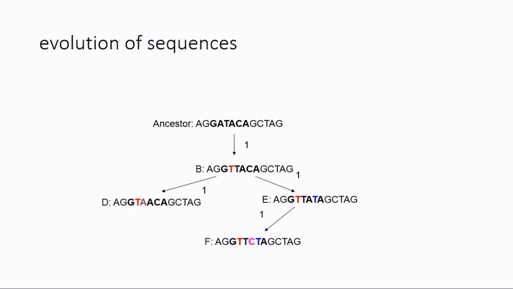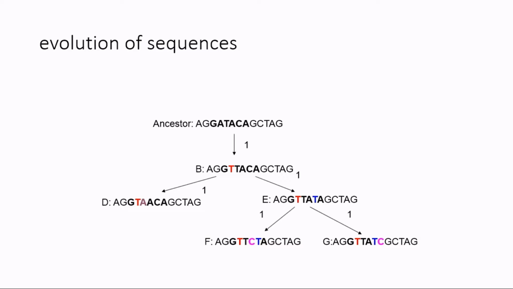And then finally sequence E gives rise to daughter sequences F, in which one of those A's is changed to a C in magenta, and another sequence in which the final A has changed to a C in magenta. So we've got a little family of sequences there.